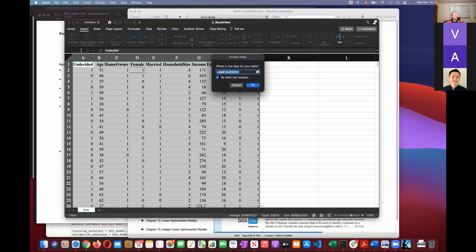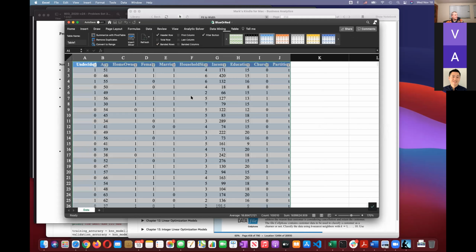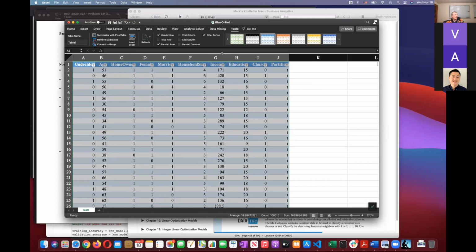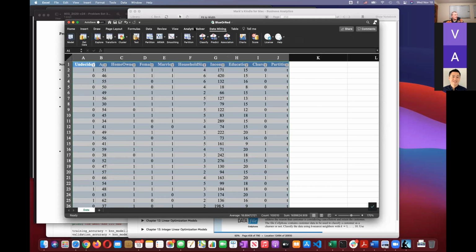Go ahead and convert that to a table. And then we're going to come over here to data mining. This is a classification. Remember that kNN can be done both in linear regression, so predicting a continuous variable, as well as predicting a categorical one. Classify.